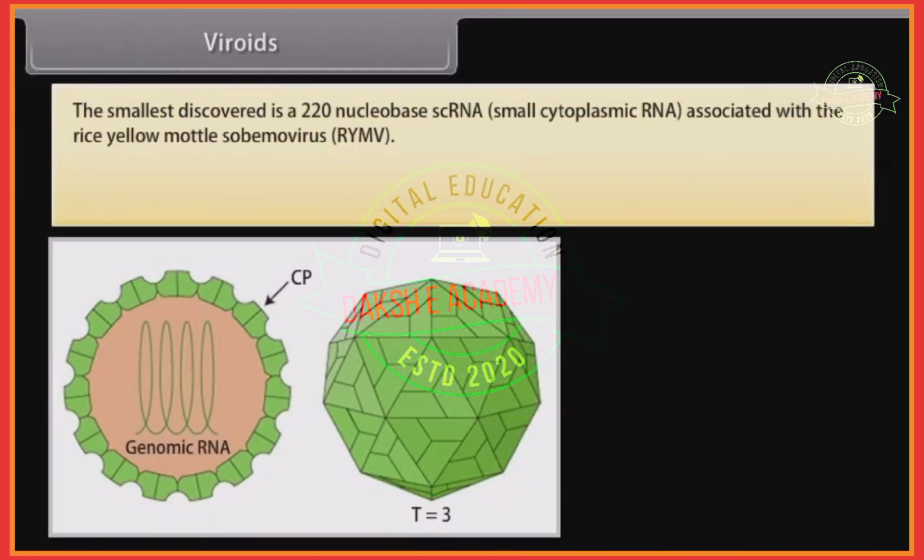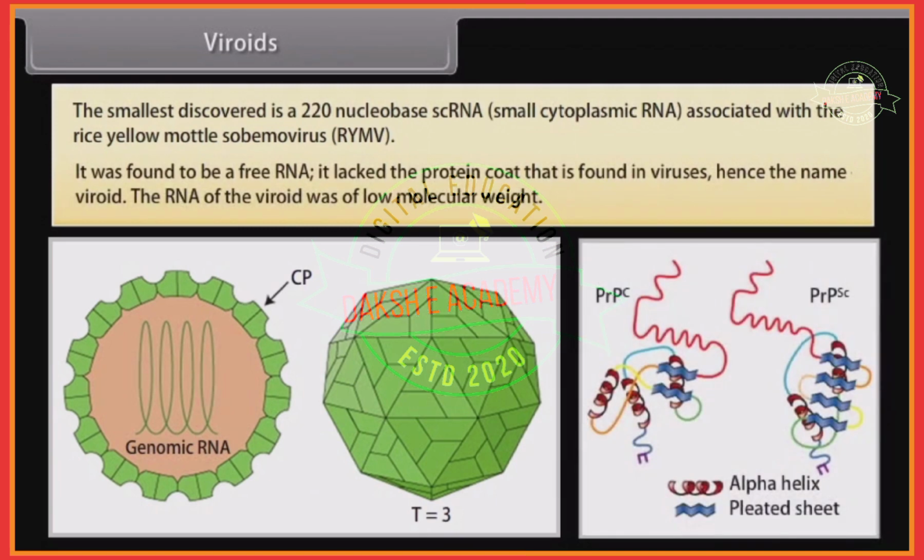The smallest discovered is a 220 nucleobase scRNA, that is, small cytoplasmic RNA, associated with the rice yellow mottle sobemovirus, that is, RYMV. It was found to be a free RNA. It lacked the protein coat that is found in viruses, hence the name viroid.